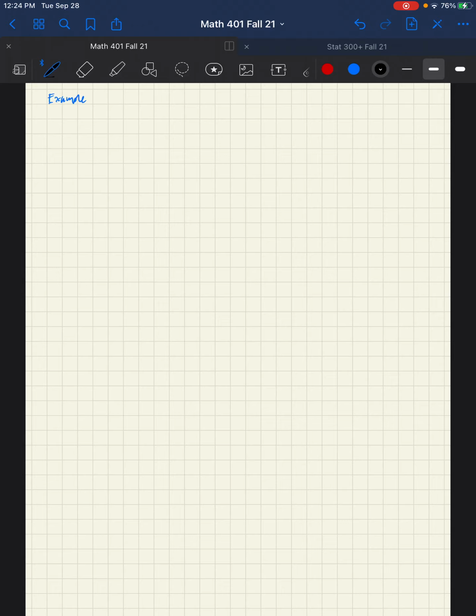In this example, we're going to find the surface area for a case in which we're integrating with respect to y instead. So we're going to set up that operation here.